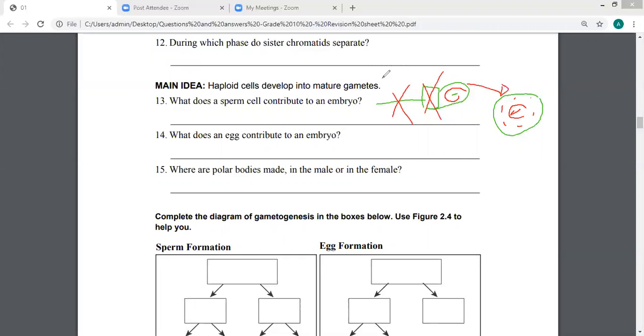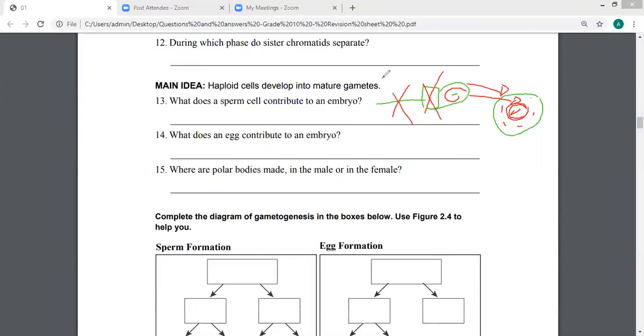When the sperm penetrates the membrane of the egg, it releases the nucleus inside the ovum to fuse with the nucleus of the egg.